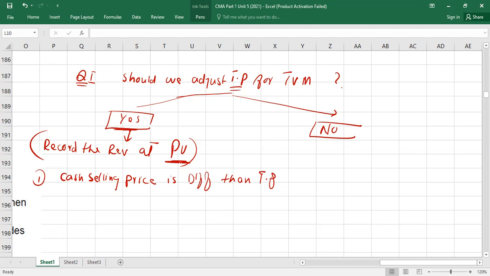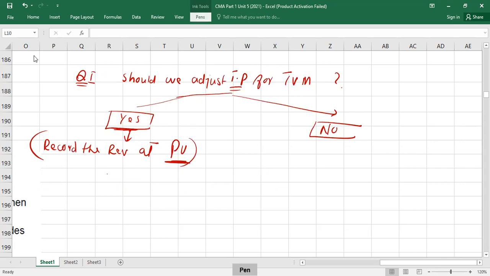Okay? Let me say this way, because I skipped one point here. Yes, we will consider the effect of time value of money if there is a significant financing component.